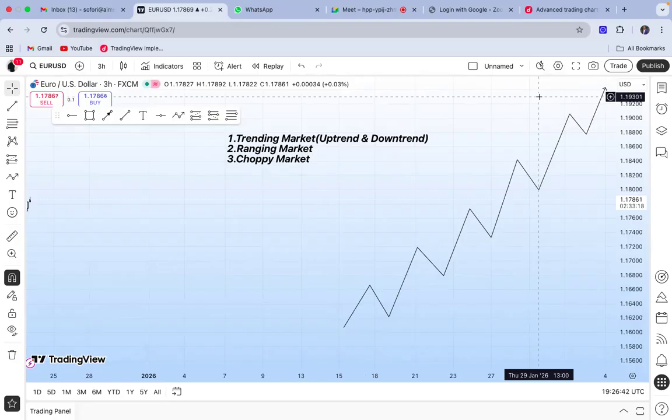It is 1.1930. If we compare the two figures, obviously the final price is bigger than the initial price. It means that the market has left the lower prices and moved into the higher prices. This is what we call an uptrend.